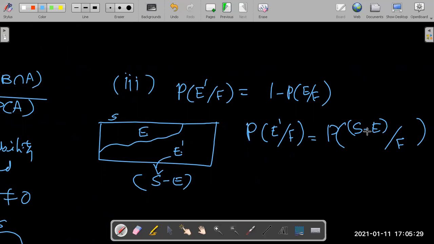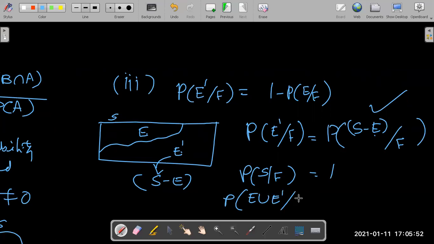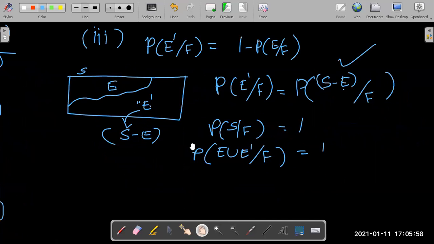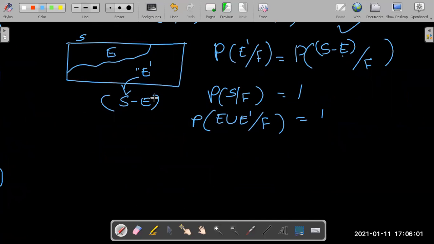So the probability of S given F equals 1. We already know that. What is S? It is nothing but E union E dash. You add both the things and you will get S. That equals 1. This formula we have already done.